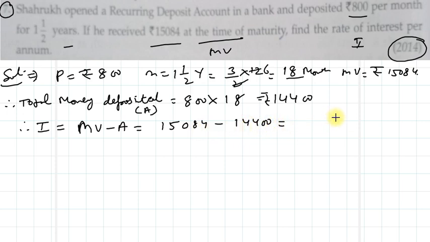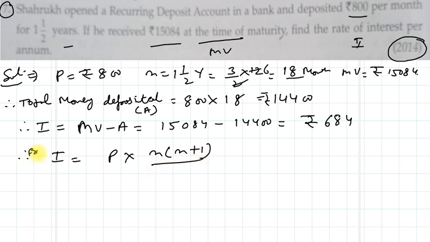So 84 and 150 minus 144, 684. So this was interest. Again from our formula, I equal to P into n plus 1. Therefore here you have to write from 2 into 12 into r upon 100.